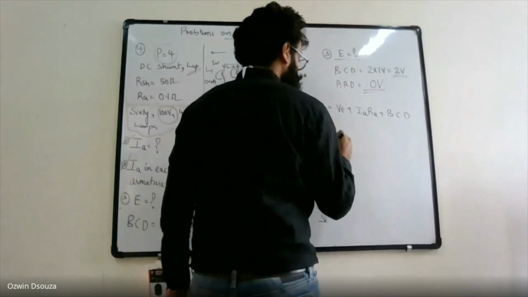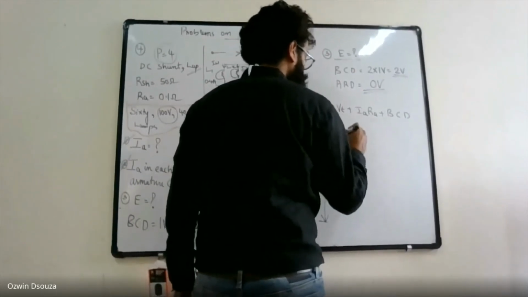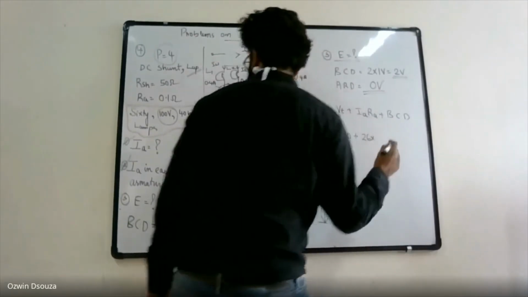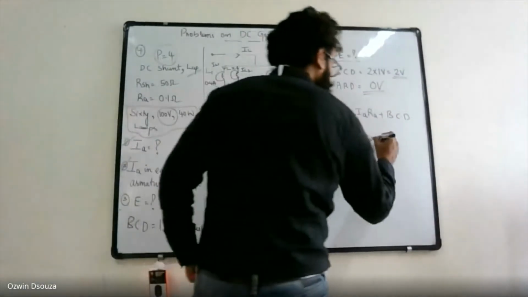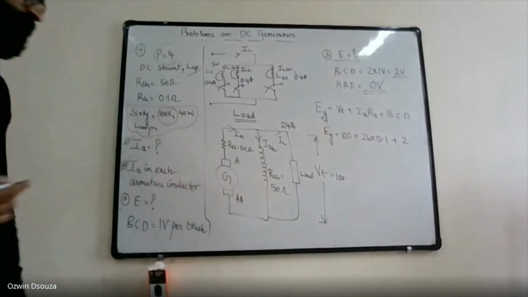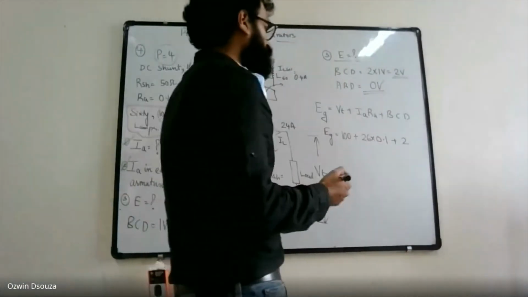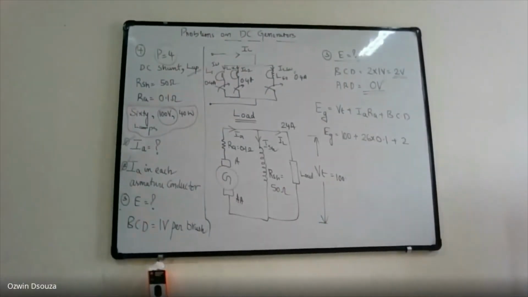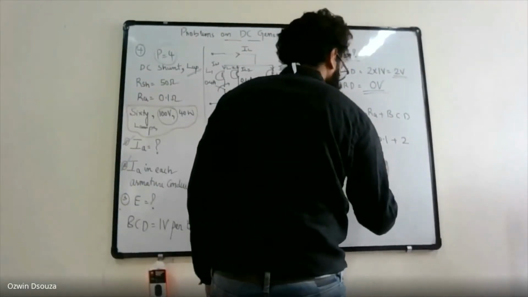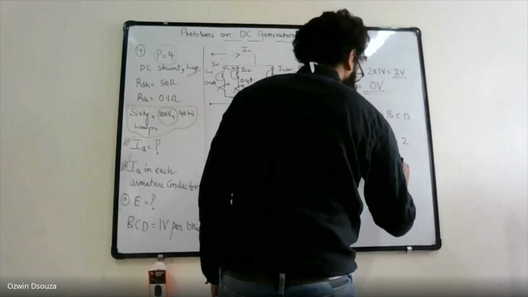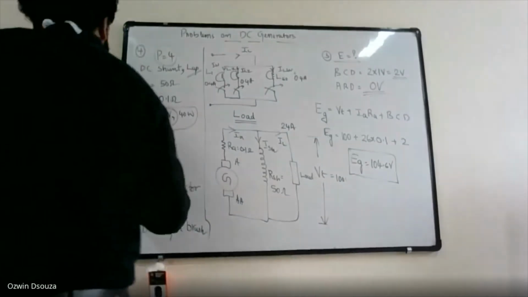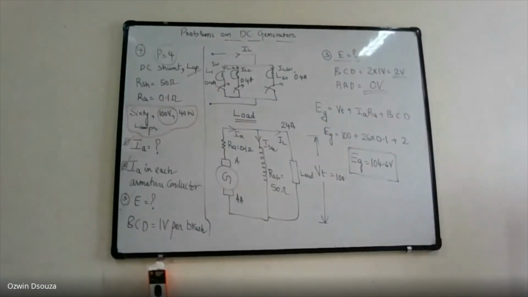So Eg is equal to terminal voltage 100 plus armature current 26 into armature winding resistance 0.1 plus brush contact drop of 2 volts. So basically 102, 104.6 you should get. Okay, so Eg is 104.6. That concludes the problem.